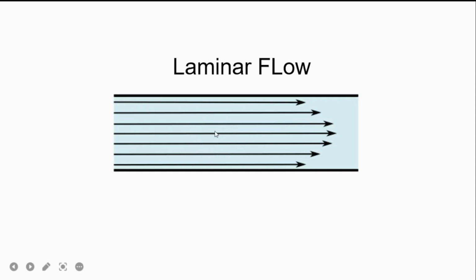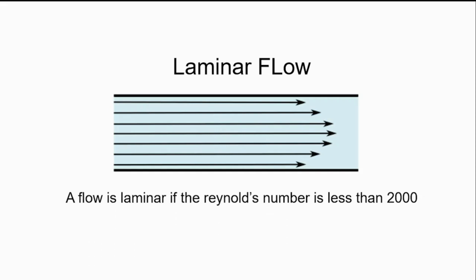This is a laminar flow. It is important to note that for a flow to be laminar, the Reynolds number must be less than 2000. So when a Reynolds number is below 2000, that flow is called a laminar flow.